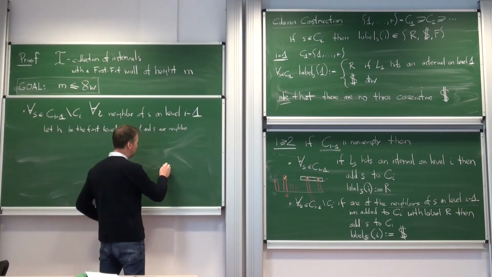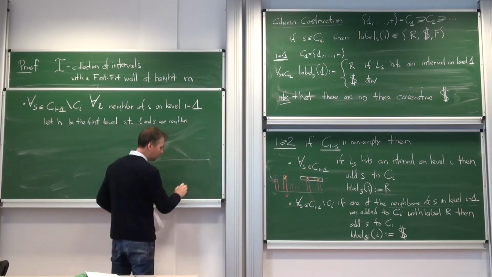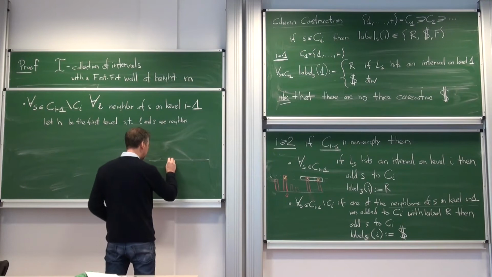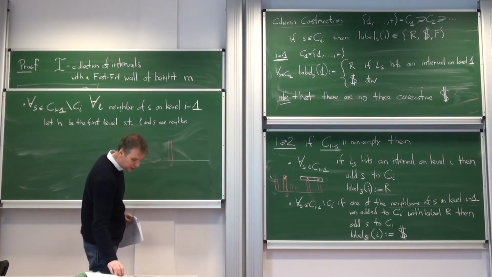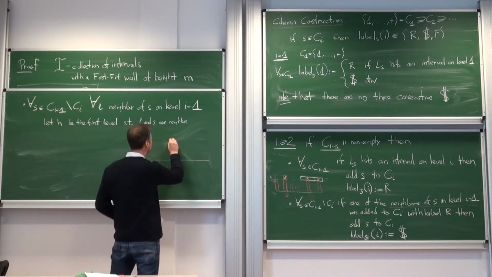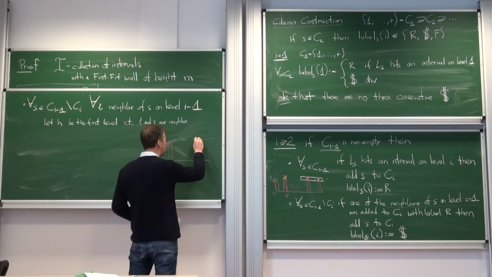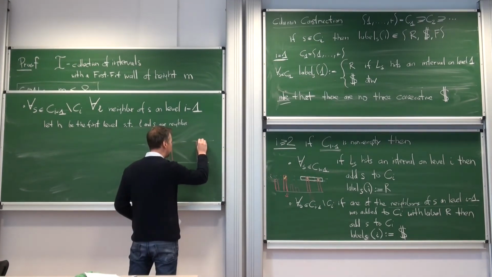Okay, so maybe immediately we draw it. So we're thinking about column S. It got to I-1, and maybe we have a neighbor here.